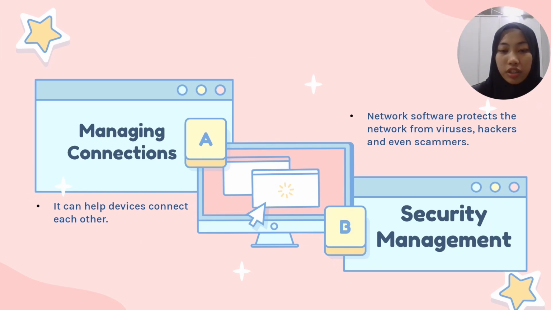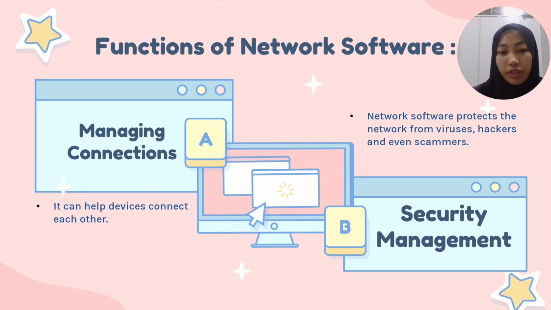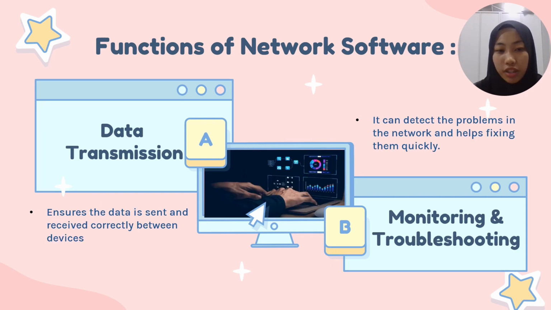So what are the functions of network software? First, managing connections. It helps devices connect to each other. Second is security management. It protects the network from viruses, hackers, and even scammers. Third is data transmission. It ensures the data is sent and received correctly between devices. And lastly, monitoring and troubleshooting. It can detect problems in the network and help fix them quickly.